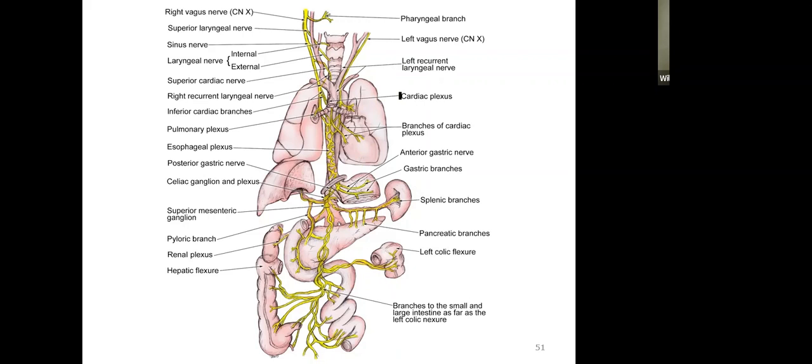At the moment, all we're looking at is the cardiac plexus and the pulmonary plexus and the esophageal plexus. These are the only plexuses that we're looking at right now. But eventually we shall start to go down and look at the gastric, ganglion, superior mesenteric, inferior mesenteric, splenic branches, colonic, hepatic, renal, pyloric, and start to look at how all of the systems work.